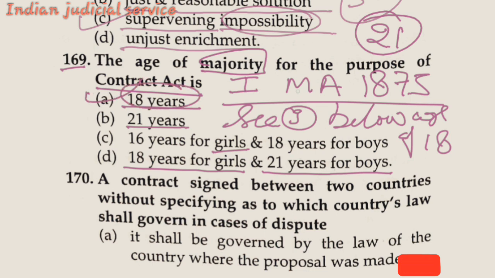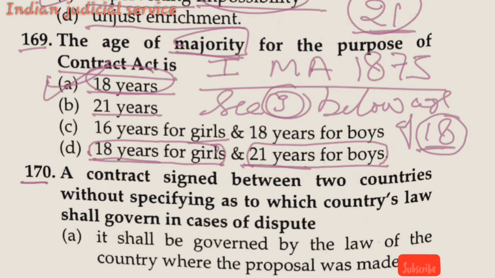According to the Indian Majority Act, section 3, every person below the age of 18 years is a minor, and any person who is 18 years or above is treated as a major. But in the case of children under guardian custody, such a person becomes a major when they complete 21 years.